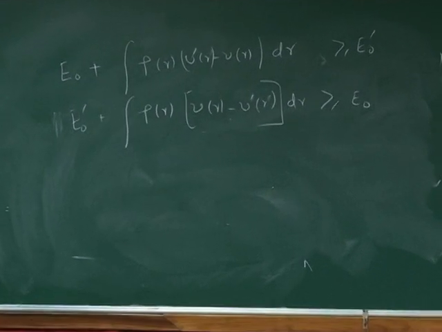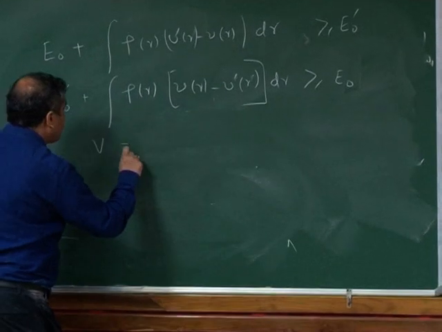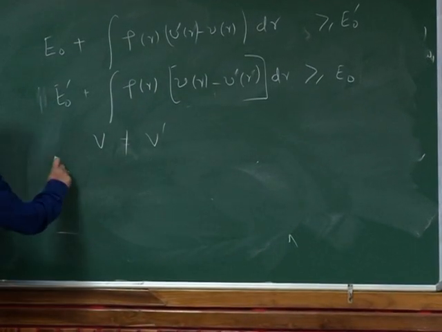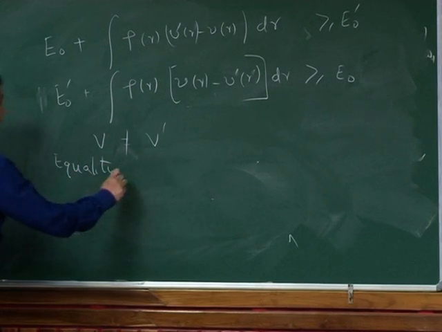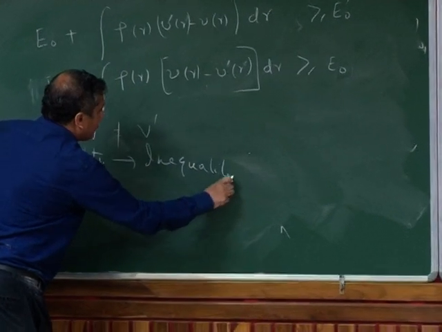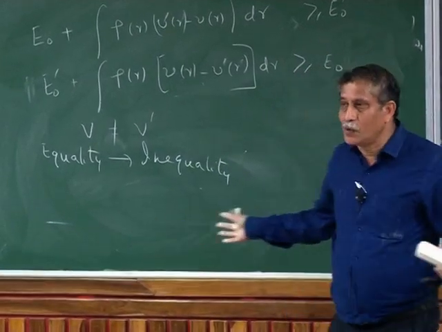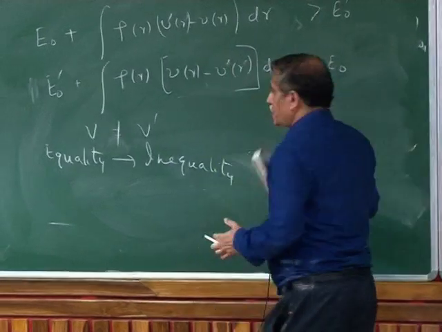Right? Now the contention was this. In case V is different from V prime, the equality is always going to be inequality. It will have to be different. So this was a thing that a lot of people discussed. Is it really true? So which means I have to remove this.